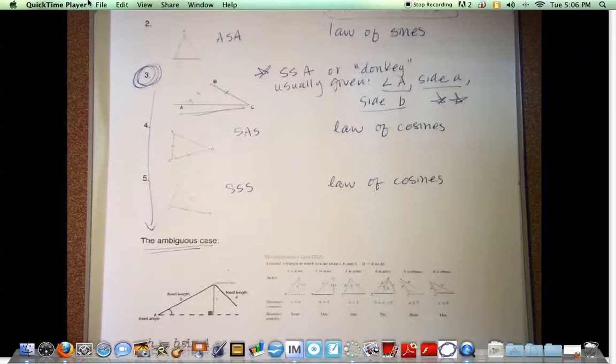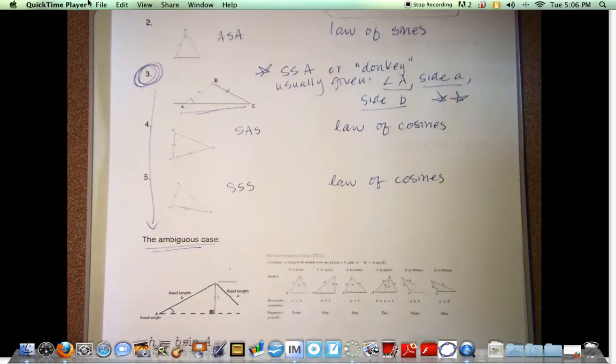So, what we do is we check the relationship with length a and length b. If a is less than b, then there's no triangle, usually. Then we're going to check the relationship with a and h. If a is less than h, then there is for sure no triangle.